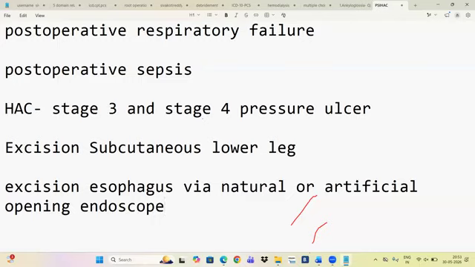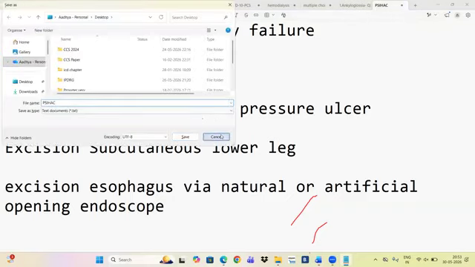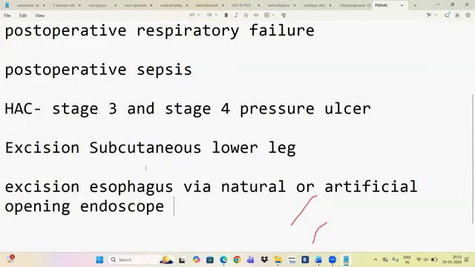Excision, esophagus, via natural or artificial opening endoscopy. This is the leading.